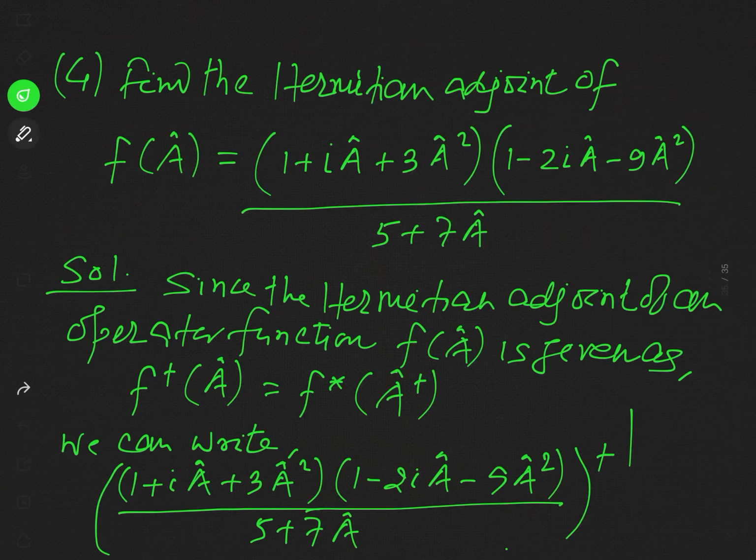So following that rule, we can write: 1 is real, so this will remain the same, and there is minus 2i, and we should take the complex conjugate of i, so that will be plus 2i A hat dagger.